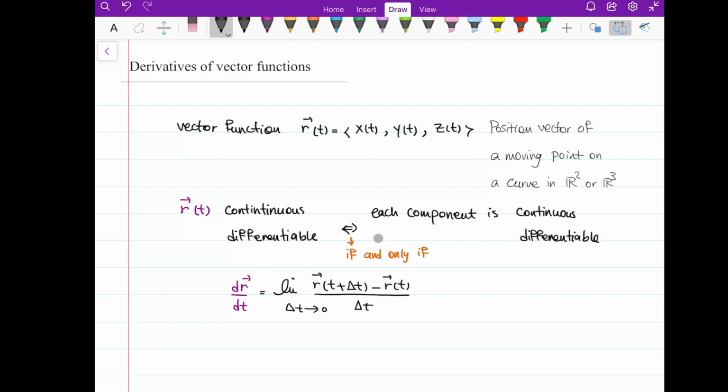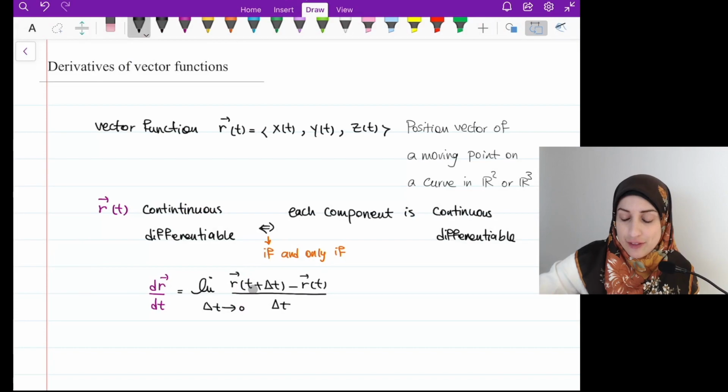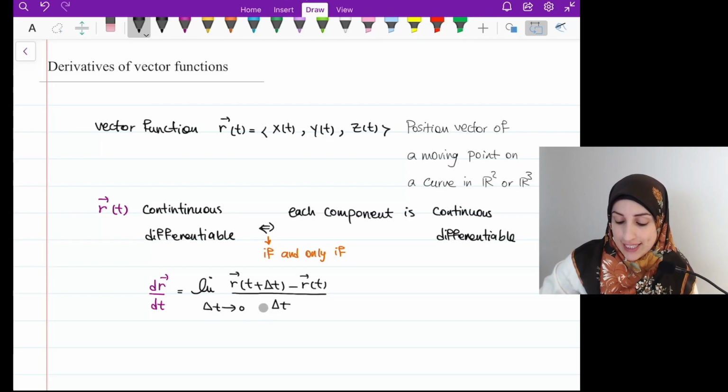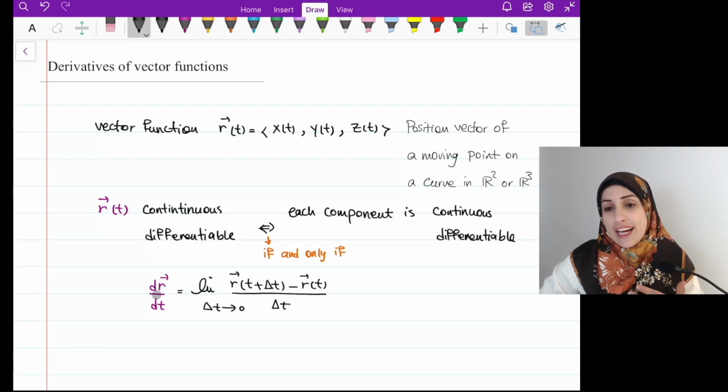If you remember calculus, we use this definition for saying that the function is differentiable. The function at t plus delta t minus the function at t, over delta t. That's the definition. And as you see, this is a vector in here. R of t is also a vector, but delta t is a scalar that we divide the vector by. So the derivative of a vector function is actually a vector function.